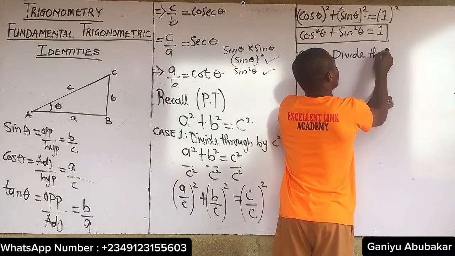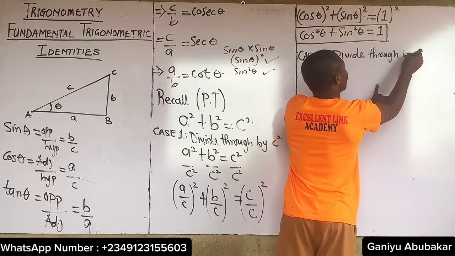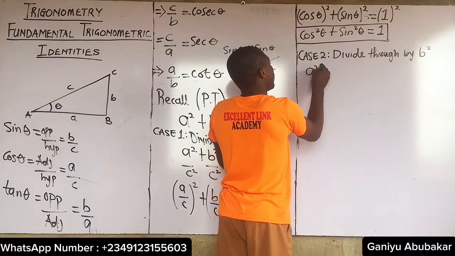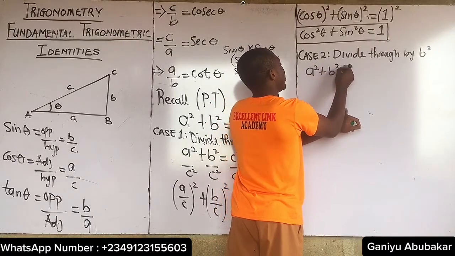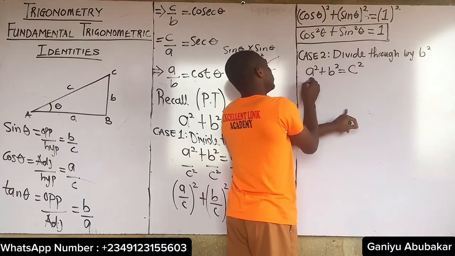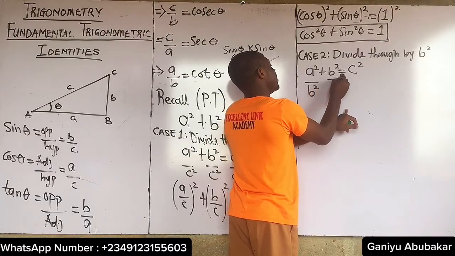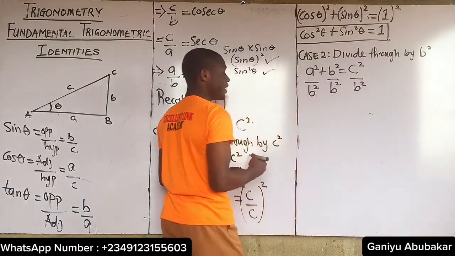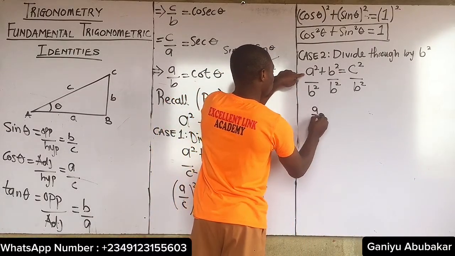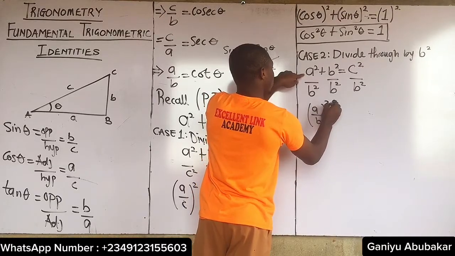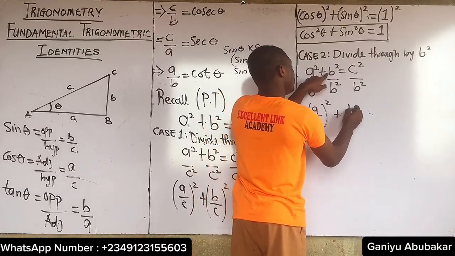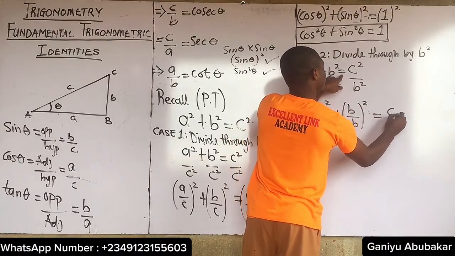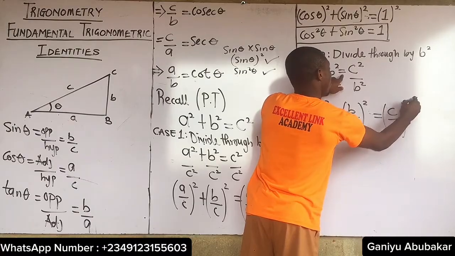Divide through by B squared. What do I get? A squared plus B squared is equal to C squared. We said divide through by B squared. Apply indices concepts. I'll have A over B, all squared, plus B over B, all squared, is equal to C over B, all squared.